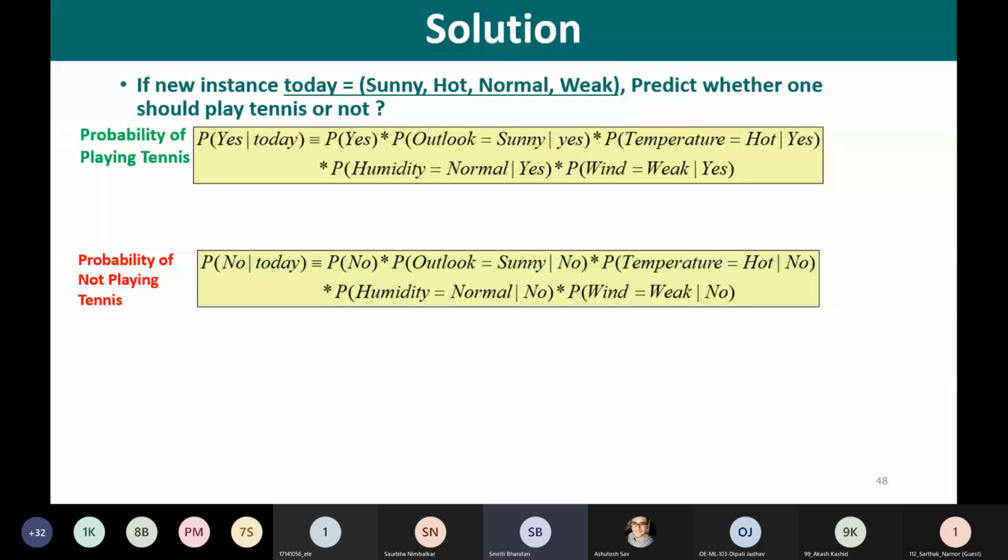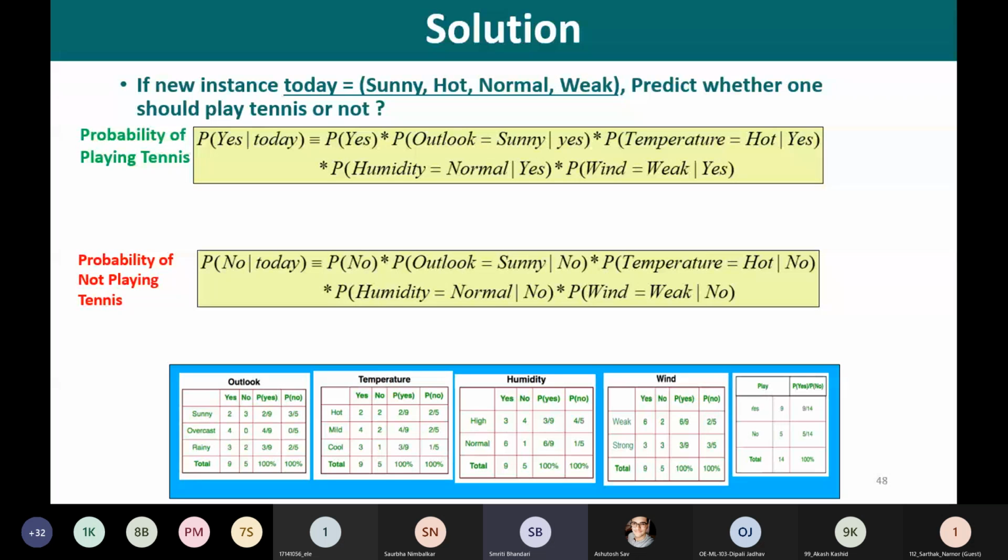Now, what we are going to do simply is substitute the values of all these probabilities from whatever we computed earlier. These tables are ready with us, so we are going to substitute the respective values from all those tables.